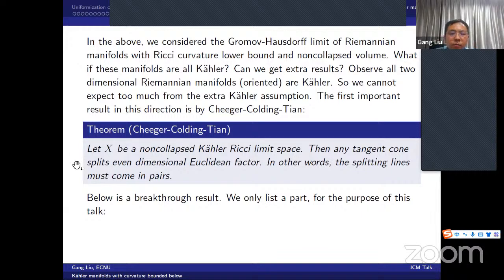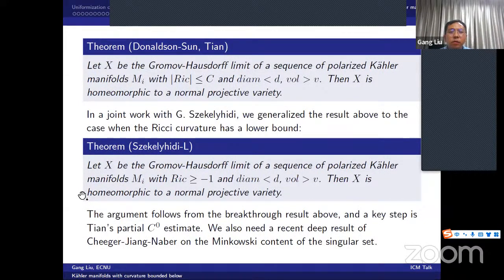Below is a very remarkable, breakthrough result. We only list the part relevant for the purpose of the talk. So assume X is a Gromov-Hausdorff limit of a sequence of polarized Kähler manifolds with bounded Ricci curvature, diameter and volume. Then it is homeomorphic to a normal projective variety.